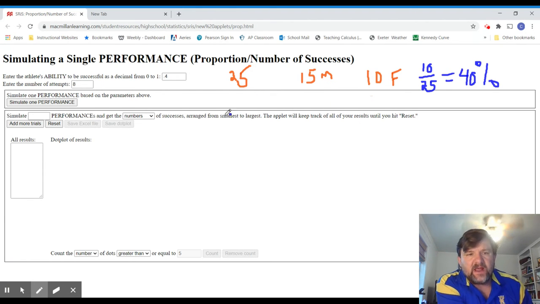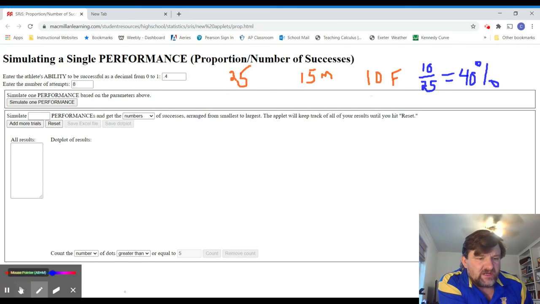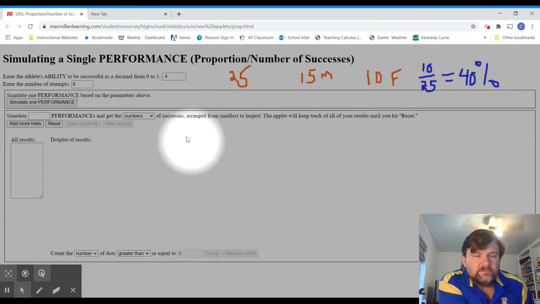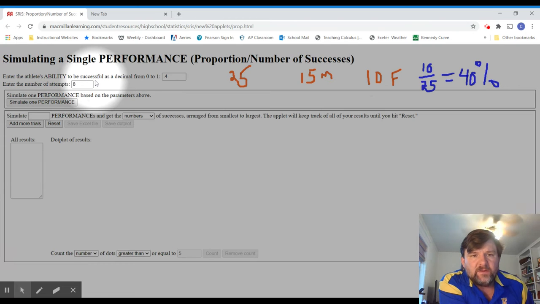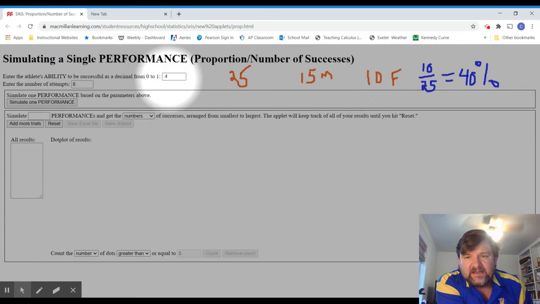If I just randomly pick one, you have a 40% chance of being chosen, or being successful. So when we look at this generator that I have here, and this is what's cool about technology, we know that the ability to be successful for a female, successful meaning being chosen for a pilot, is about 0.4 or 40%.